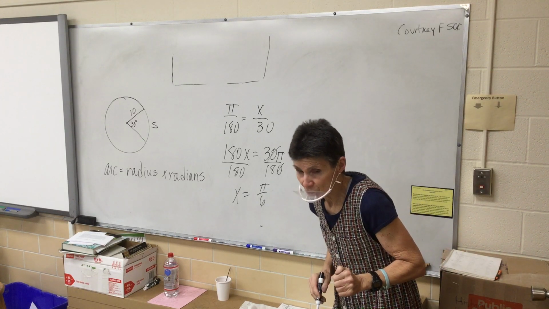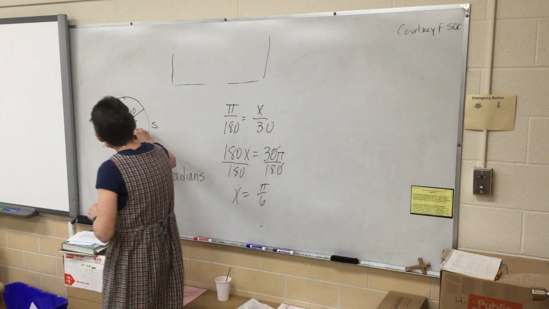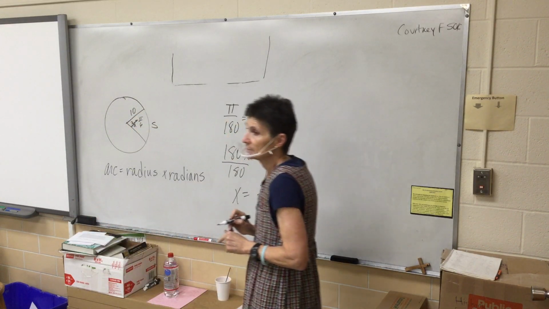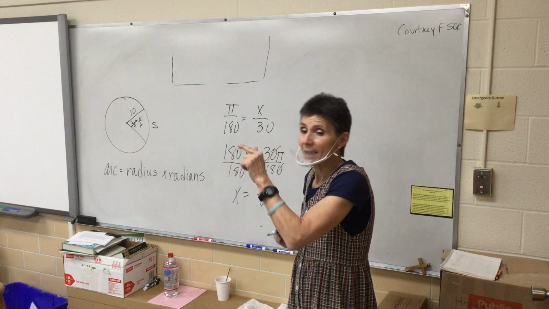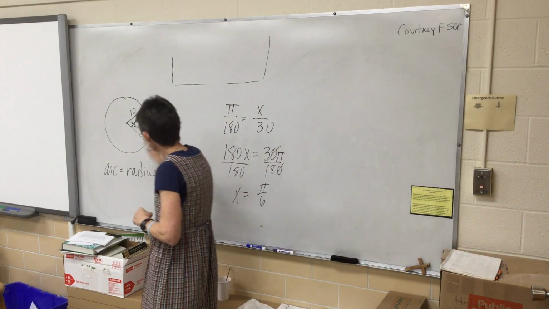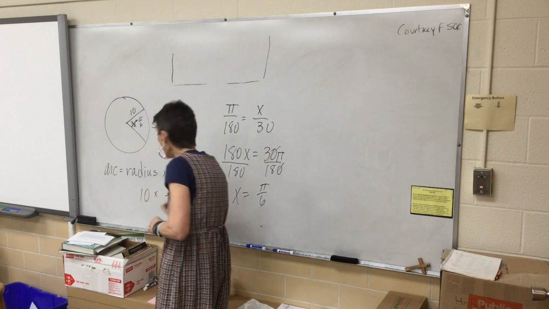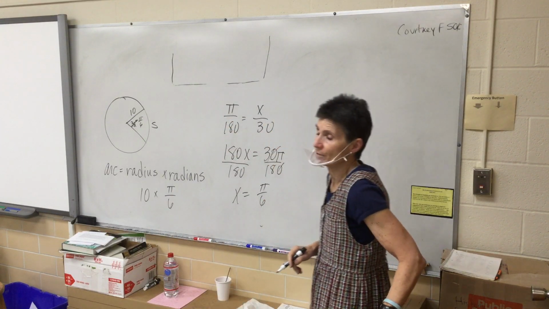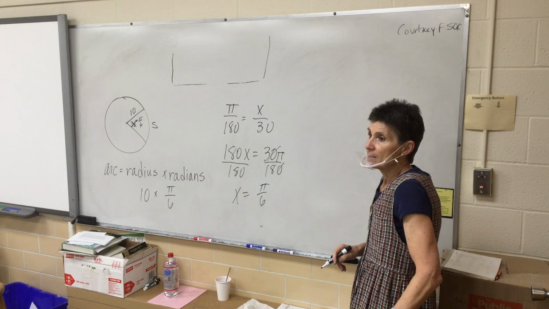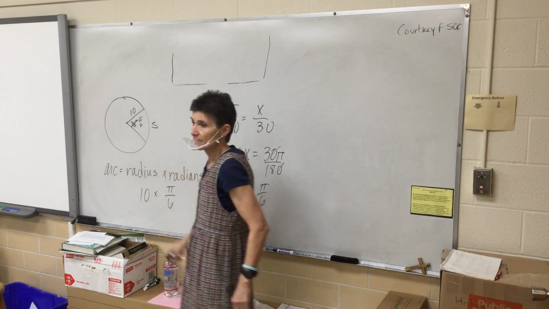Now, that is not the answer to the question. Remember, all that did is tell me that this angle is pi over 6. Now I can actually find the arc length. Arc length is radius times radians, and now I have the radian measure. You see why that's a two-step problem? The first step is get your angle into radians.